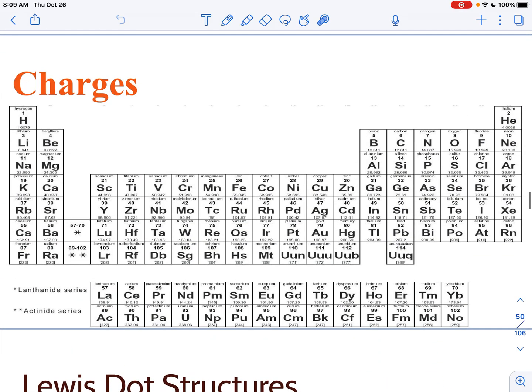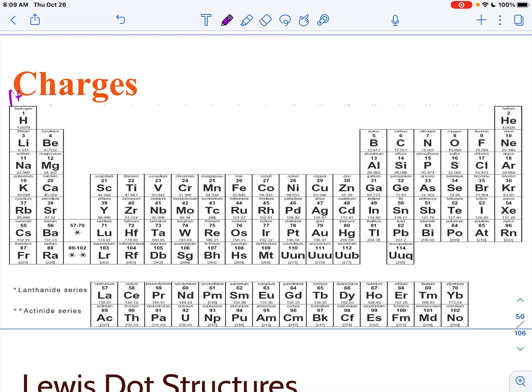So if we go to our periodic table, I'm going to give you the charges of the main group elements. For group 1, so group 1 is this group right here, they will get a 1 plus charge.